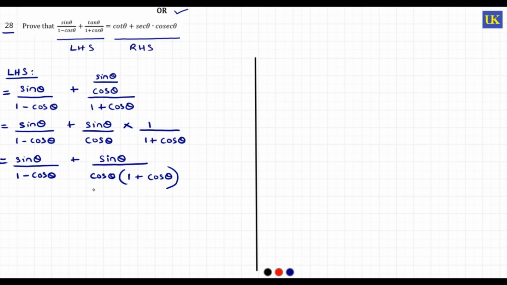Now we have to take LCM here. So take LCM, so this will get multiplied here and this one gets multiplied here. That is what we will do.